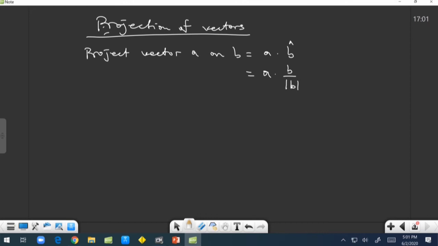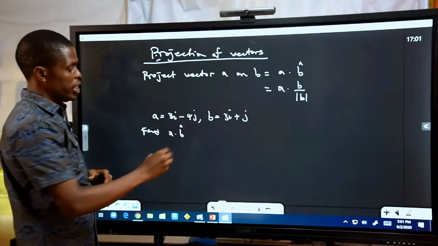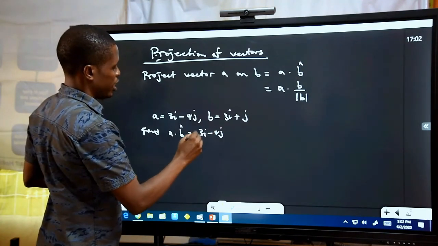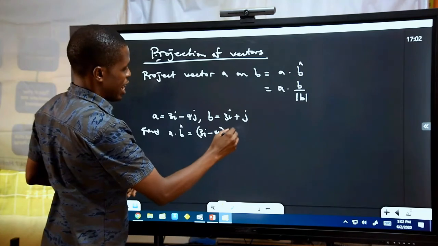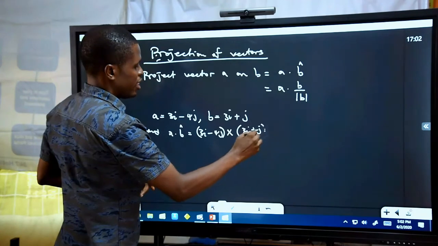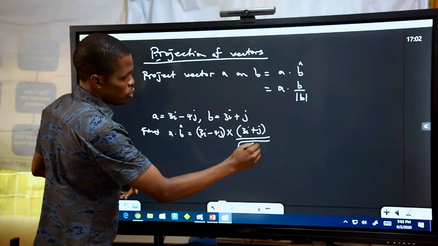So if you are given vector A equal to 3i minus 4j and vector B is equal to 3i plus j, and you are projecting, find A dot B over modulus B. To do this, you multiply 3i minus 4j by vector B, 3i plus j, then over the modulus of it, which is 3 squared plus 1 squared.